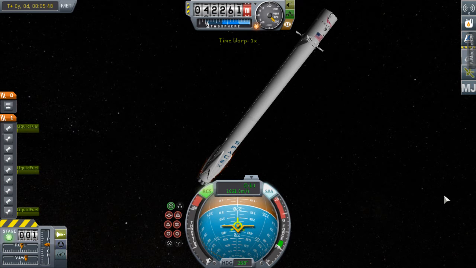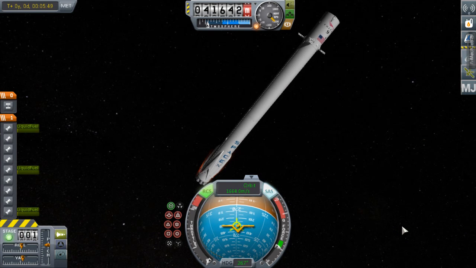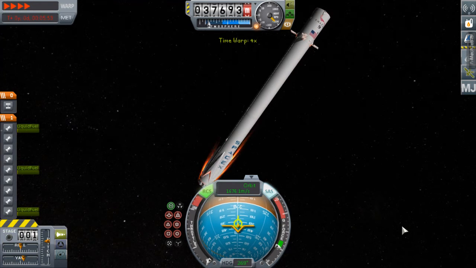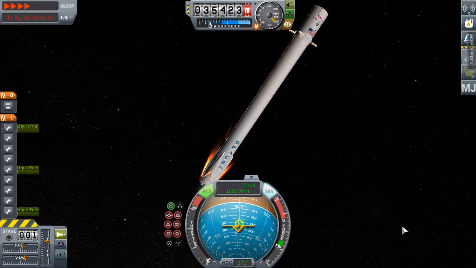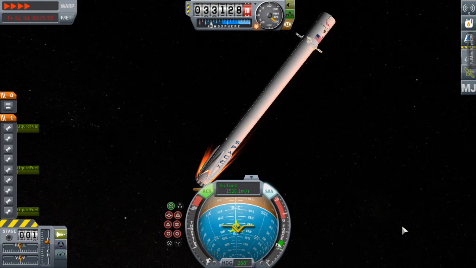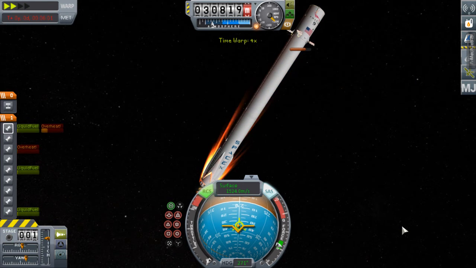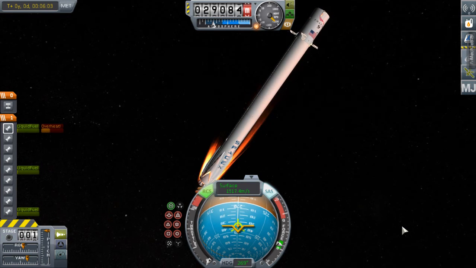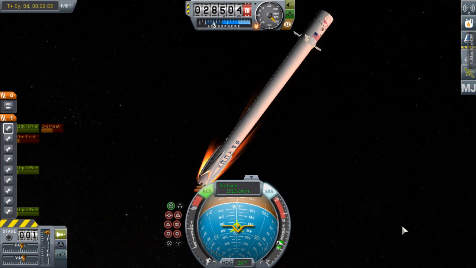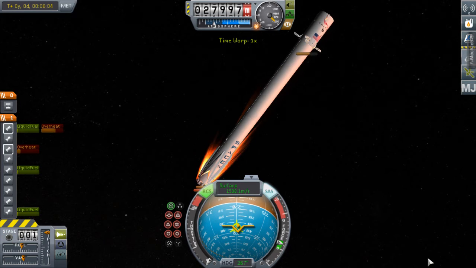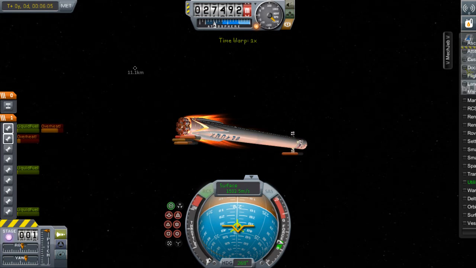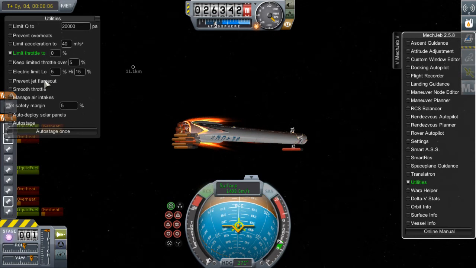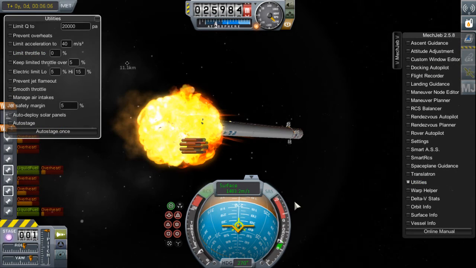Beginning to experience some shock heat as we decelerate back into the atmosphere. Zero thrust limiter disabled.